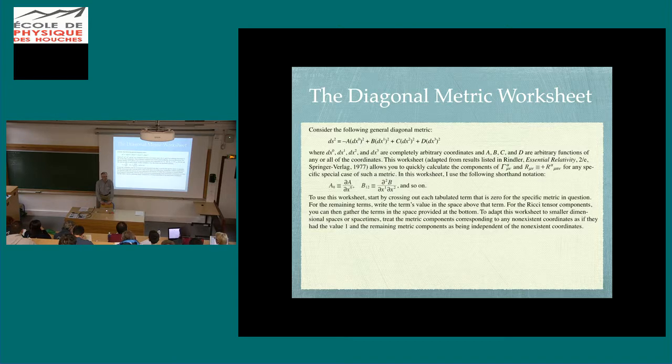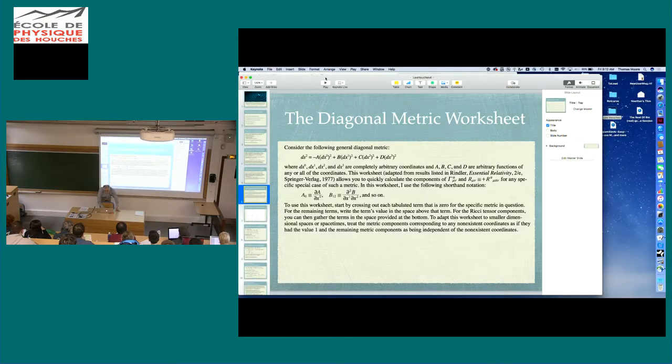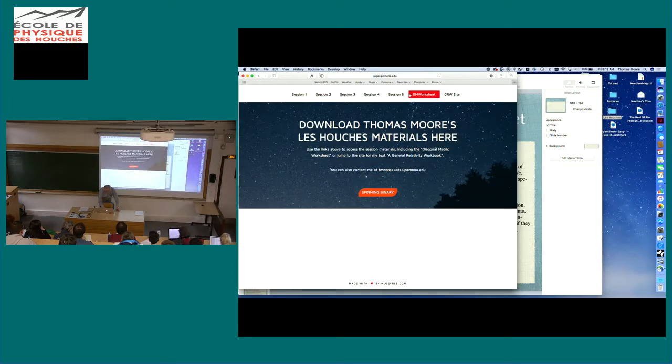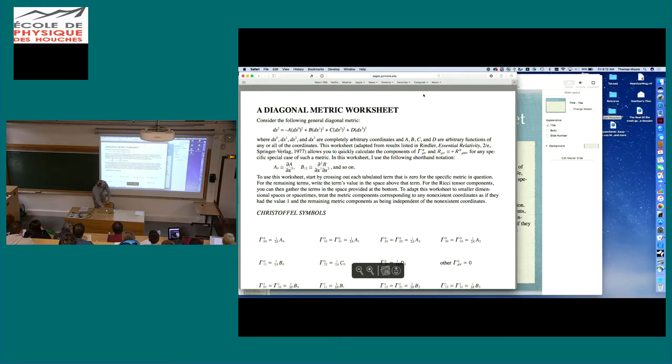I don't care what the names are. And the diagonal metric worksheet, in fact, I'll show you what that looks like because you can access it on my Les Houches website. Go to the diagonal metric worksheet, click on it, it comes up, there it is.